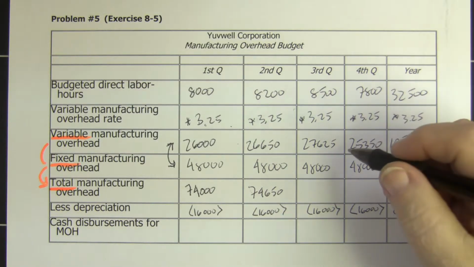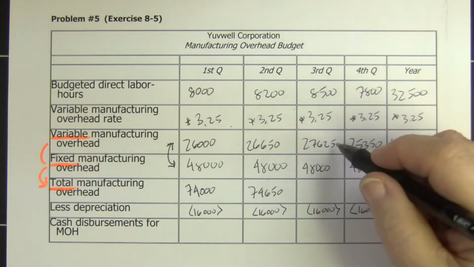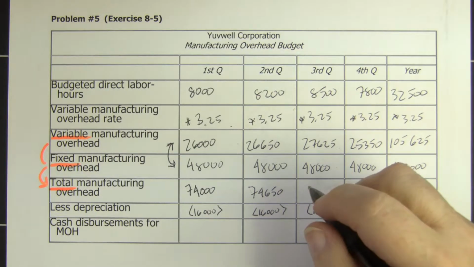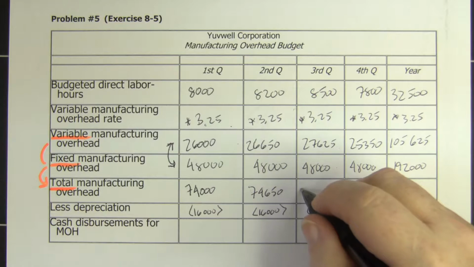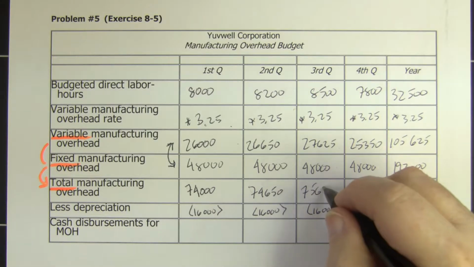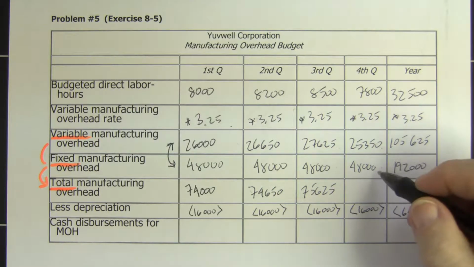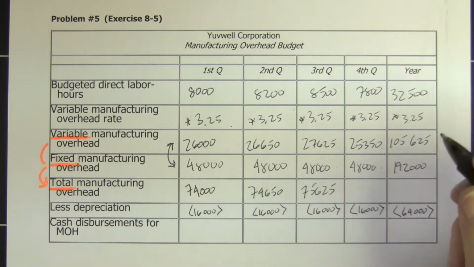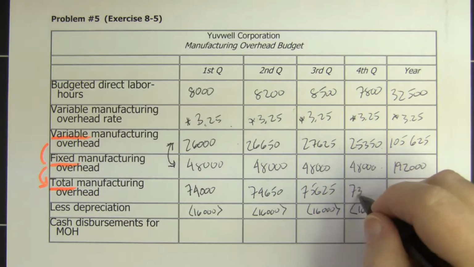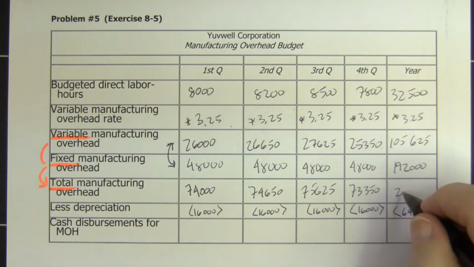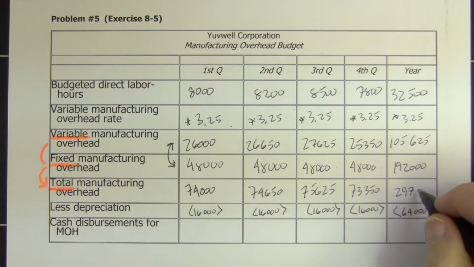I got a PhD and, well, he's dead. The third quarter, I'm going to add the variable plus the fixed, and I'm going to come up with 75,625. Variable and fixed comes up with 73,350. And you add those across, we come up with 297,625.